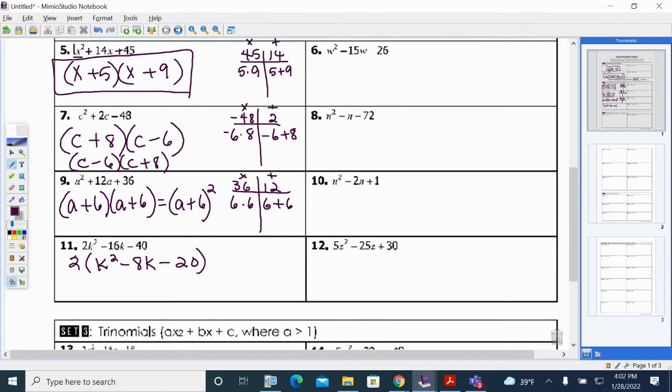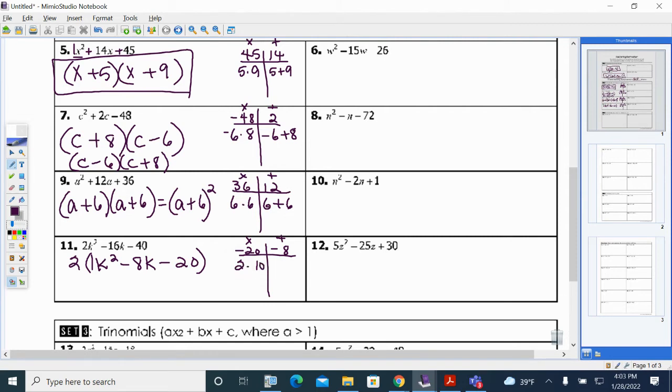And the reason why that was important is because what that has left me with inside the parentheses is a quadratic with a leading coefficient of 1. So I can factor what's left by trying to figure out what multiplies to give me negative 20 that adds to give me negative 8. Well, 2 times 10 is 20.